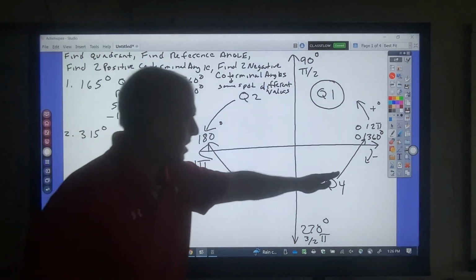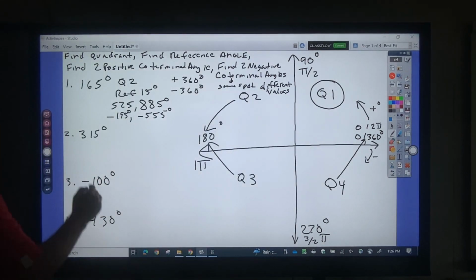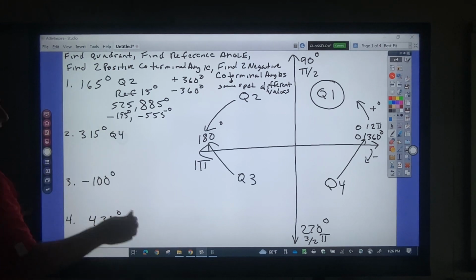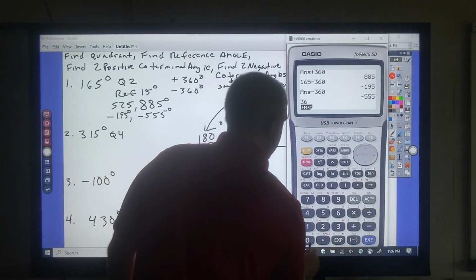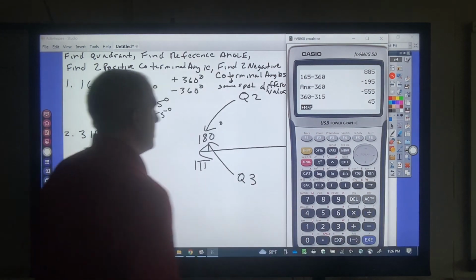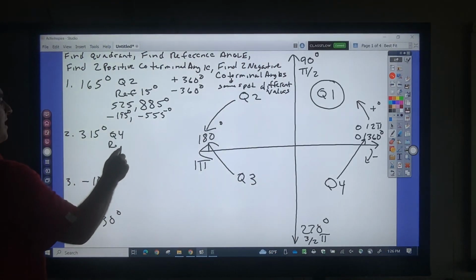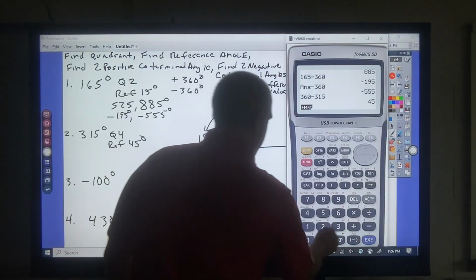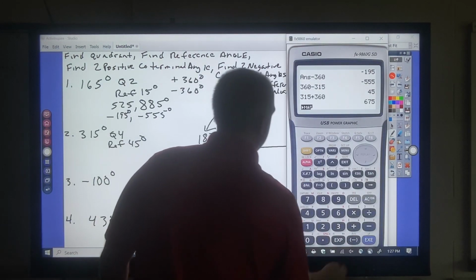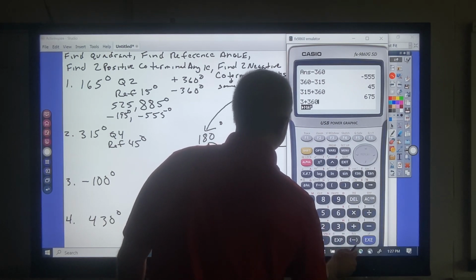315 would be in quadrant 4 because it's between 270 and 360. Okay? I would be comparing 360 and 315. So when I say compare, just subtract them. The reference angle is 45 degrees. Okay, to get the positive ones, I do 315 plus 360, and then plus 360 again.